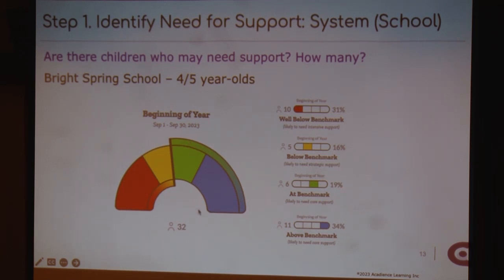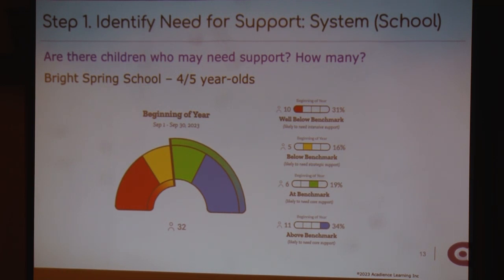How many? In Acadience Data Management, we had a little pie chart. Most people are familiar with the pie chart. Here we use what we call a half donut or a bridge, but it's the same idea. It's color-coded: the proportion of students in red are well below the benchmark, yellow have scores below the benchmark, green scores at the benchmark, blue above the benchmark.